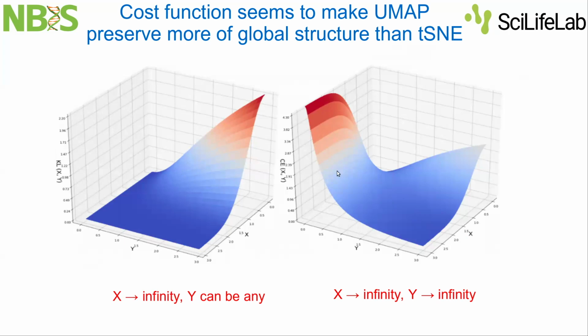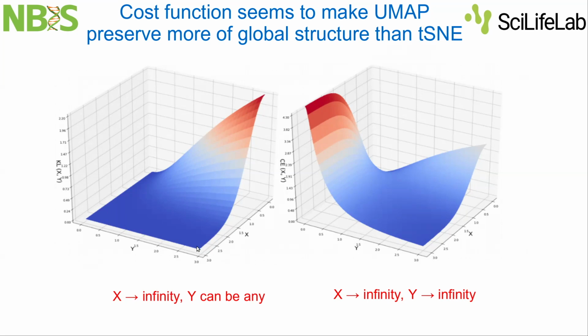And just by looking at how the cost functions for t-SNE and UMAP behave, it looks like if data points were far apart from each other in high dimensional space, so when x was large, distances in high dimensional space were large, then the points can be at any position basically in low dimensional space, because the landscape of this Kullback-Leibler divergence was basically flat here.